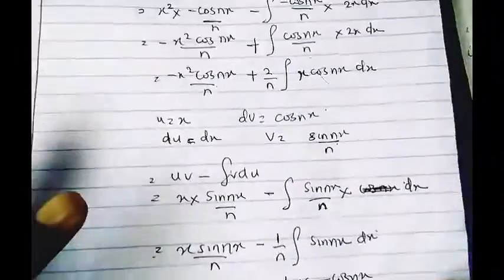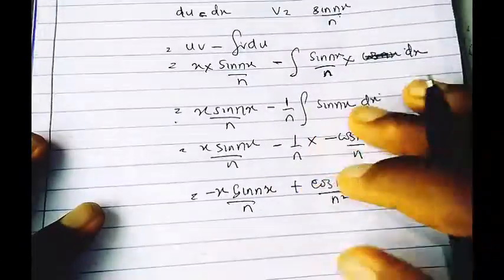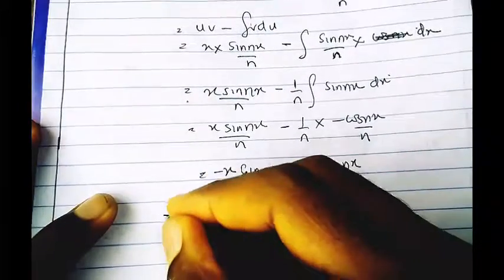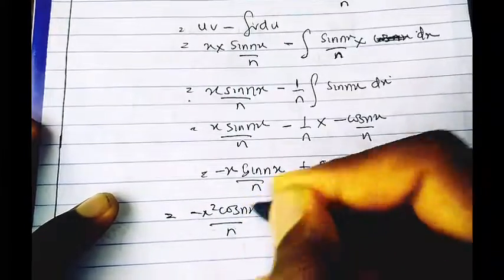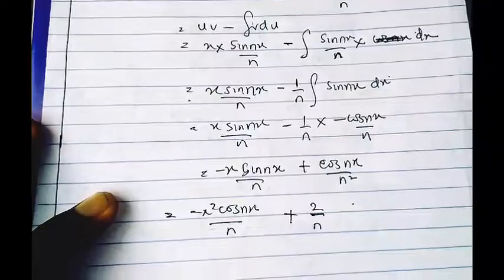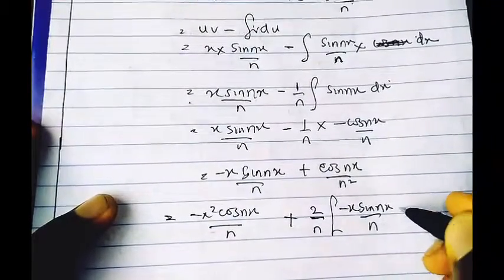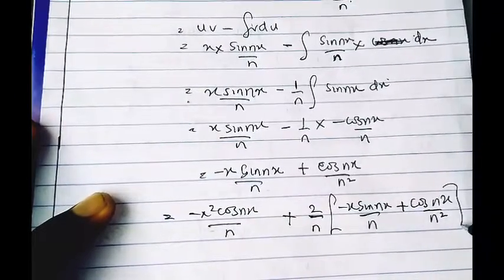So this was what we got from integrating this, right? I'm going to substitute this back into that equation. So our general equation will be written as minus x squared cos nx over n plus 2 over n, open bracket, minus x sine nx over n plus cos nx over n squared.